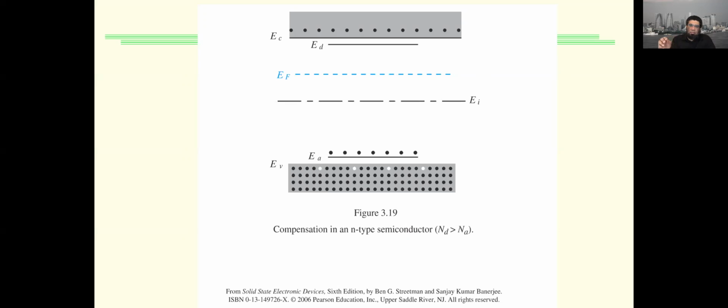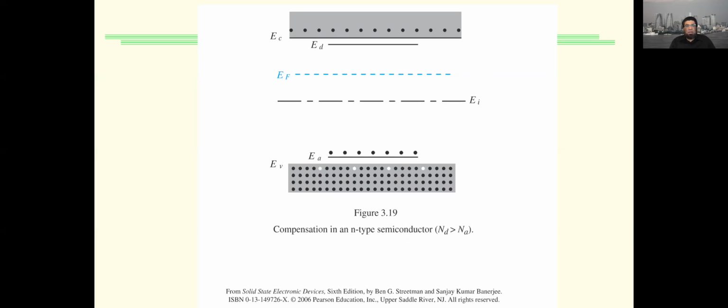Then if we are introducing acceptors, we know where the energy levels of acceptors are. If we are doing N-type doping, we know where the levels of energy introduced by donors are, right?